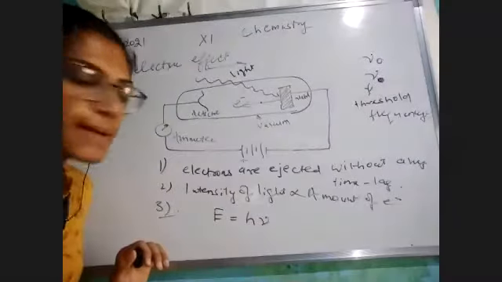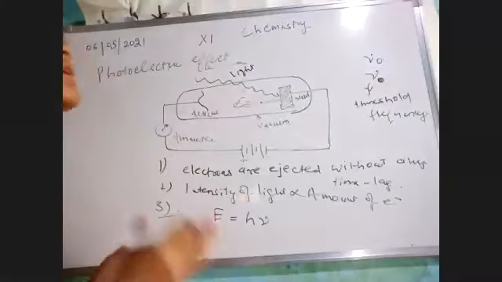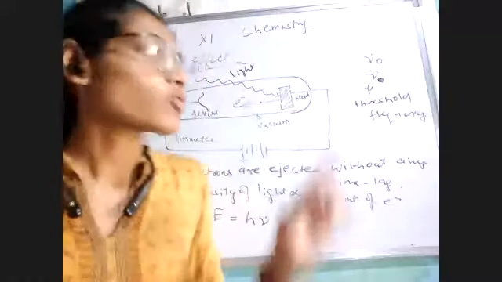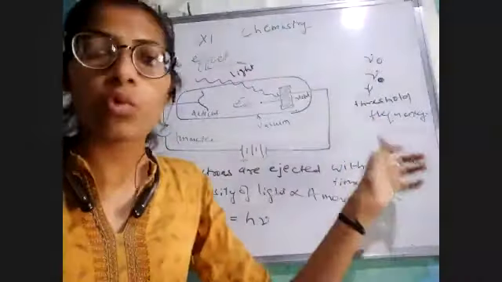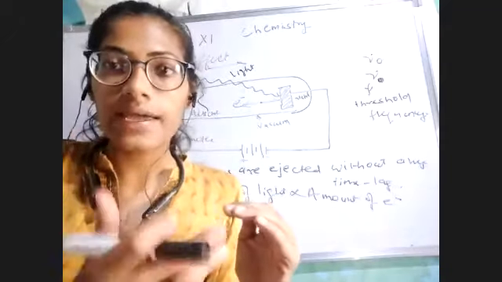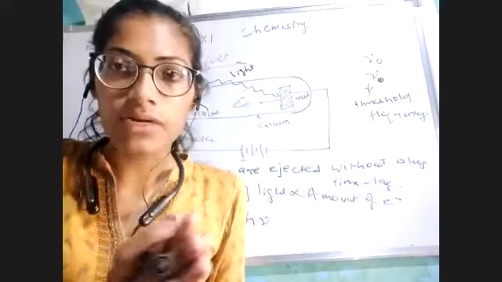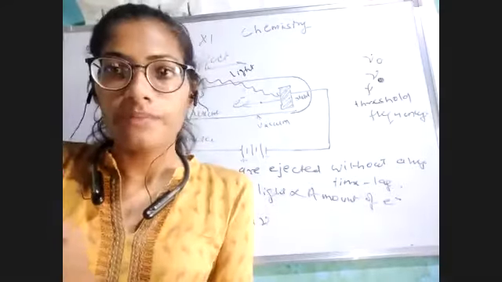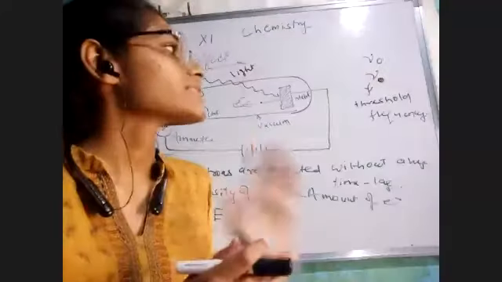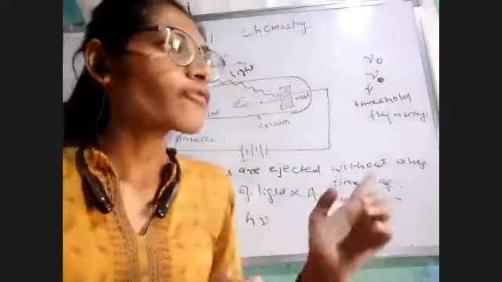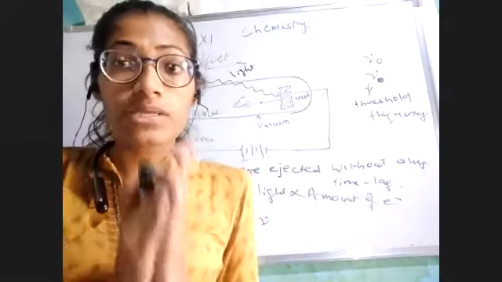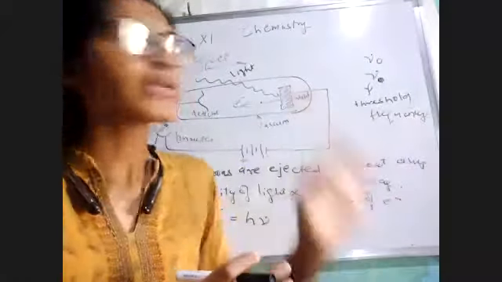This was given by him, and he also said that after an electron has acquired this threshold frequency, only then the kinetic energy of the electron is at the level that it can eject out. I'm again repeating, listen very carefully. According to the scientist, any electron must first acquire a particular frequency known as the threshold frequency nu naught.